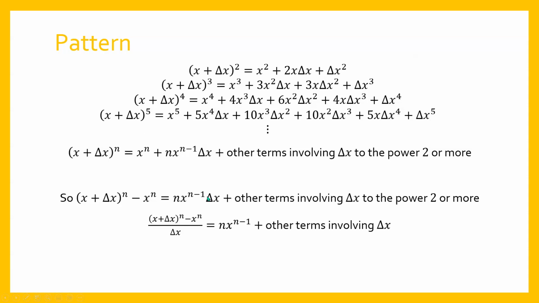It's just n times x to the n minus 1, but all the other terms still involve delta x to at least the first power. So now, when we take the limit as delta x approaches 0, that first term isn't going anywhere, but all the other terms are going to 0, so the limit we get is n times x to the n minus 1, and so that is the derivative.